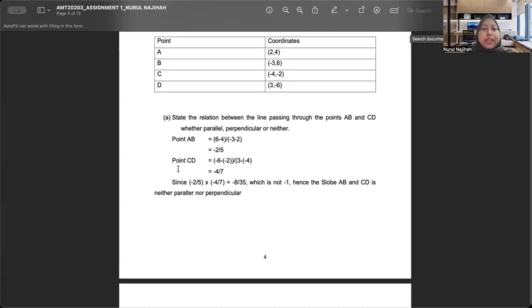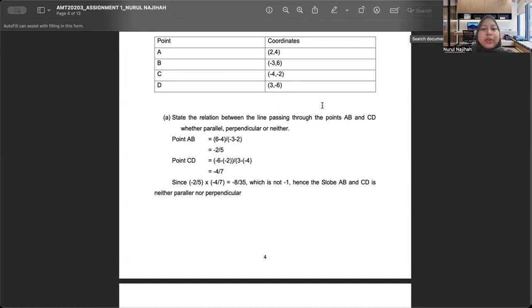And for CD, we use the same formula, y2 minus y1 over x2 minus x1.